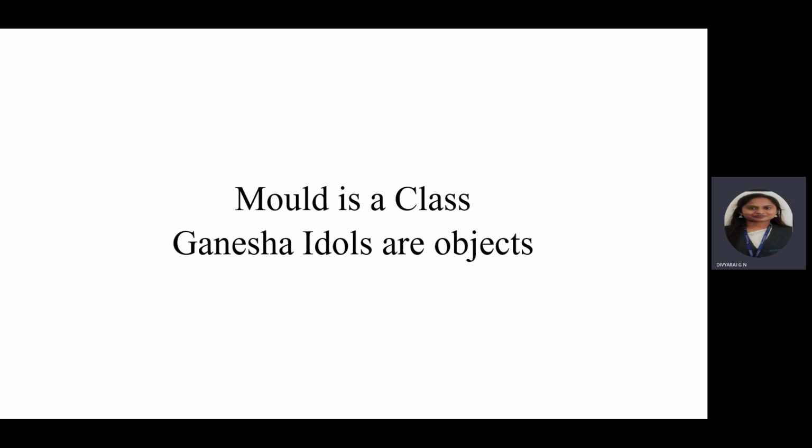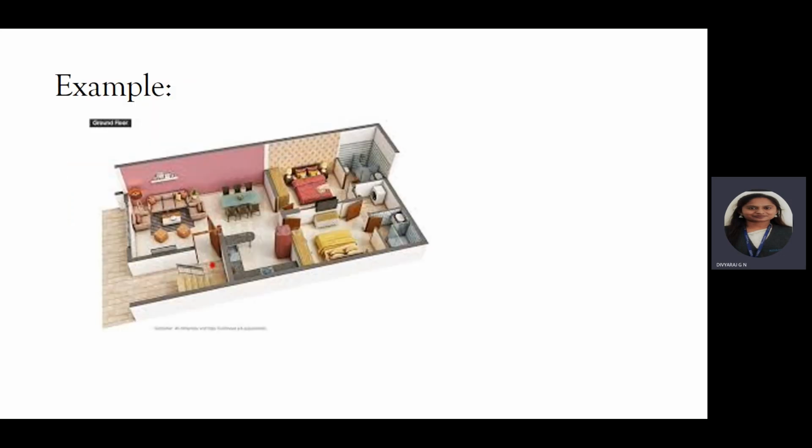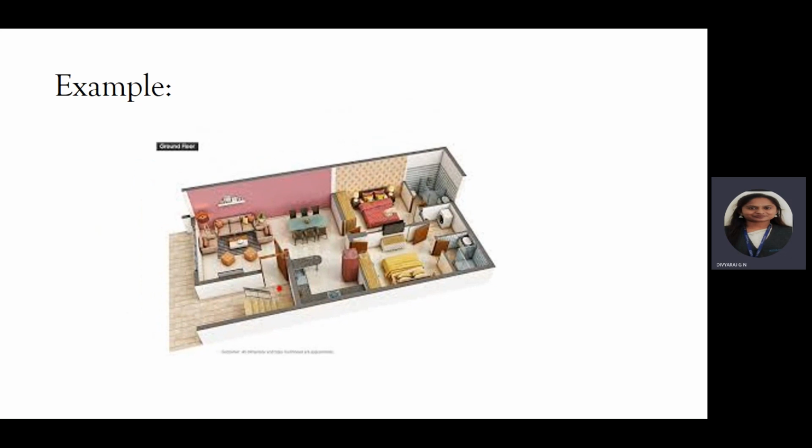Let's go for the next example on the screen. It's a blueprint. If you want to construct a house, this is its blueprint: where the hall should be, where the kitchen should be, everything.